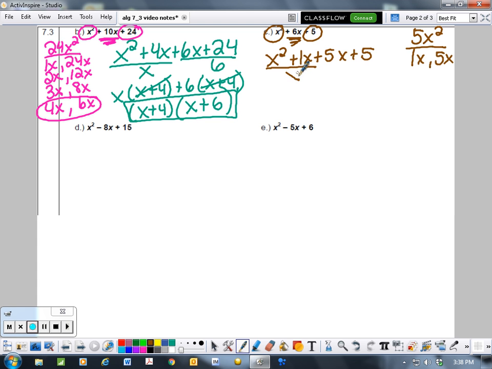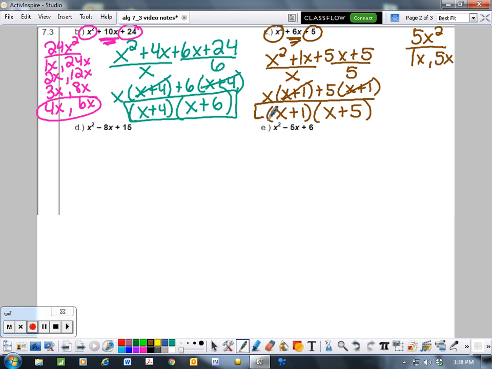Factor out my common factor. So now I get x times x plus 1. 5 times x plus 1. Oh, they match, so now I factor out the x plus 1. And I get x plus 5. Okay, so that's using our factoring by grouping.